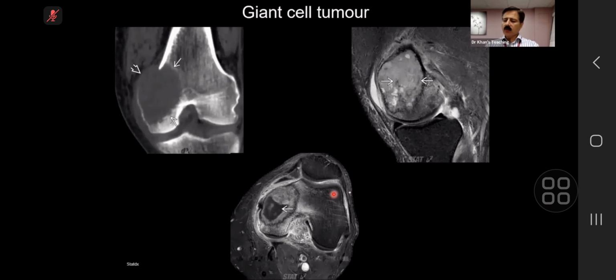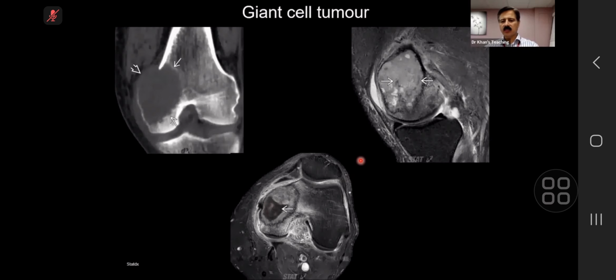But one take-home point, maybe for your day-to-day radiology, about MR of GCT is that GCT has got some hemosiderin, and hemosiderin is low signal on T2. So the key take-home point is that low T2 signal can be seen in GCTs.